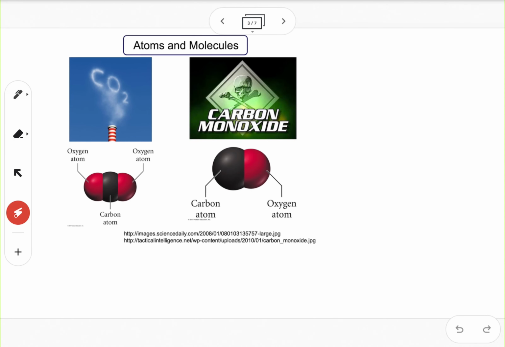But anyway, when those atoms connect to each other through chemical bonds, they form different molecules, and these different molecules will have different chemical and physical properties. This slide shows you two examples, carbon dioxide and carbon monoxide. Carbon dioxide is a very famous greenhouse gas.